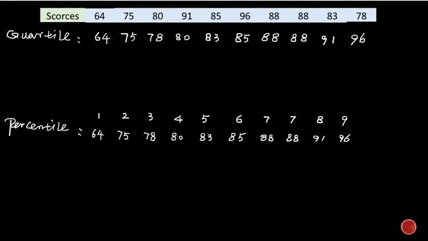Because this data has 10 numbers, which is an even number, the median is the average of the 2 middle values. Let's find the 2 middle values here: 1, 2, 3, 4, 5, 6. So it should be these two, add them and divide by 2. We got 84.